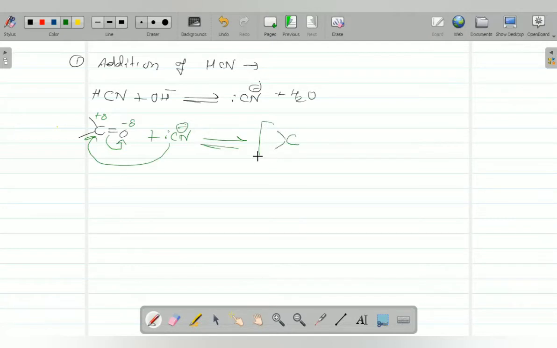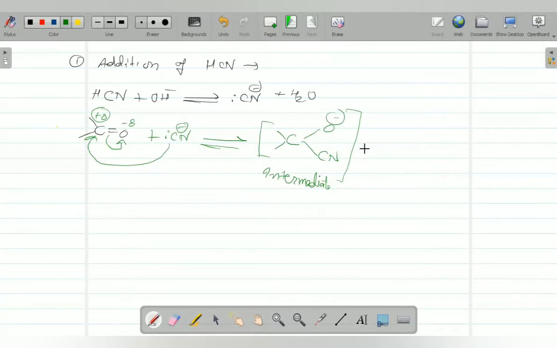This double bond breaks, converts into a single bond, creating a negative charge on oxygen and a positive charge on carbon, which is satisfied by the cyanide, right? So an intermediate is made. Step 1, and this is a tetrahedral intermediate.